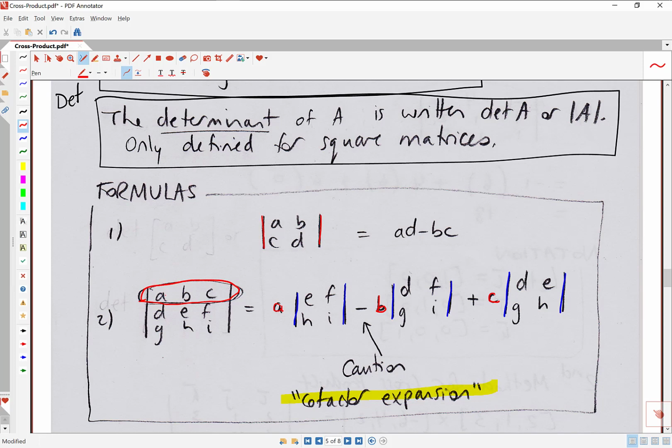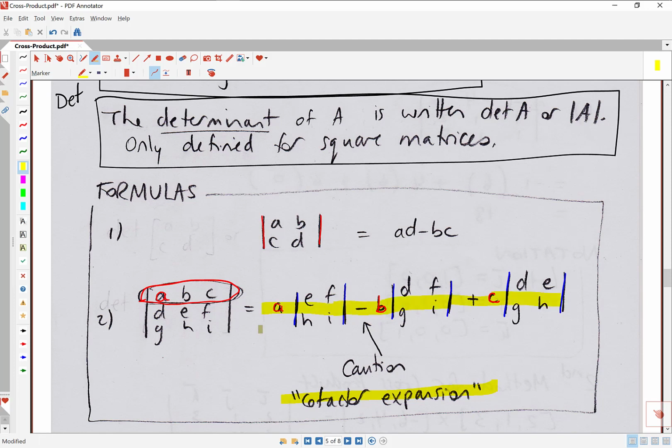You multiply each entry in the top row times the corresponding 2 by 2 determinant. And the only catch in doing this is that as you're summing these up, the second term gets a negative sign, which again, we'll talk about in a minute.